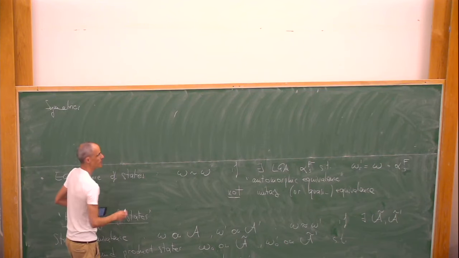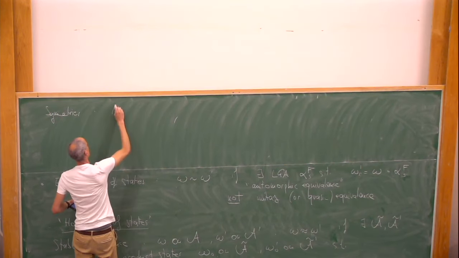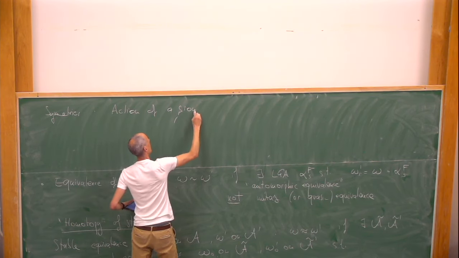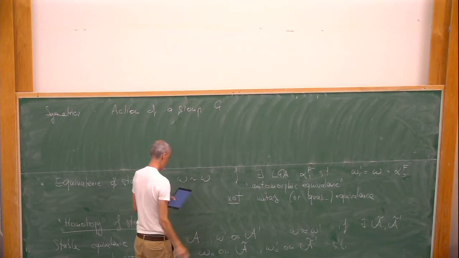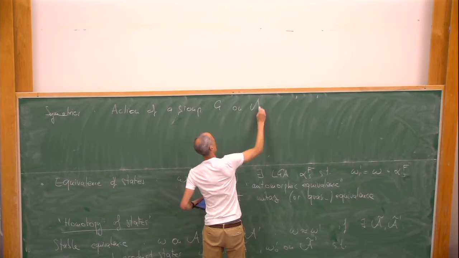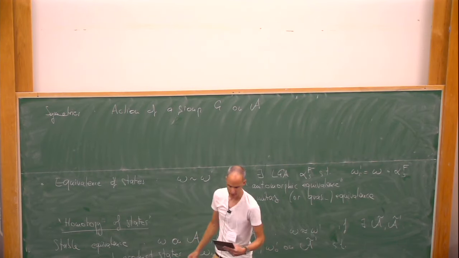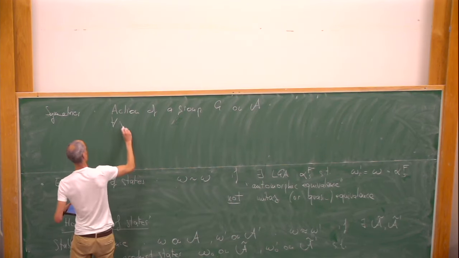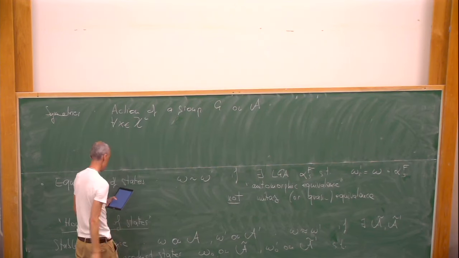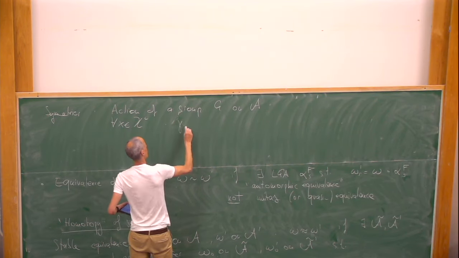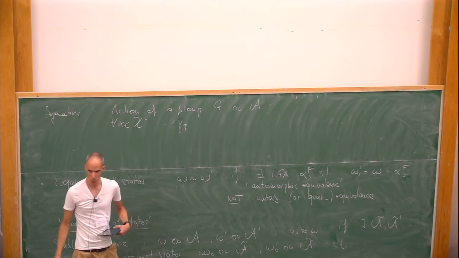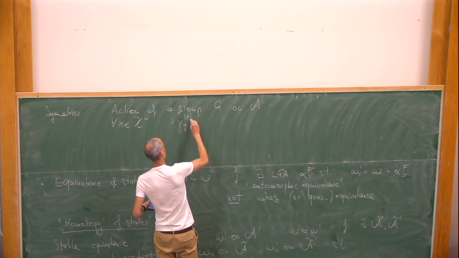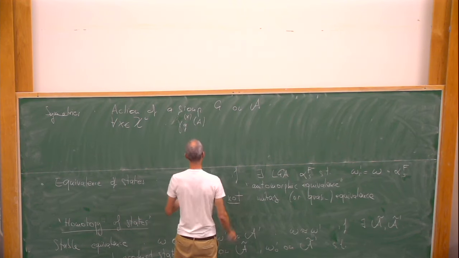So symmetries. So I will have an action of a group G on the algebra A, and we'll always assume that the action is on site. So it's a local action in the sense that for all x in my lattice Z2, I have a map. It's a family of automorphisms labeled by the group G. So gamma x of A, right?